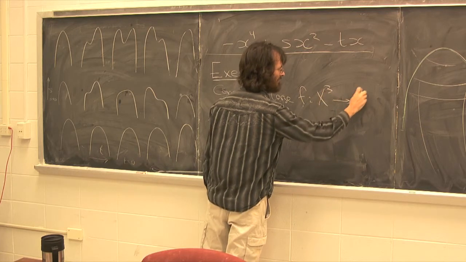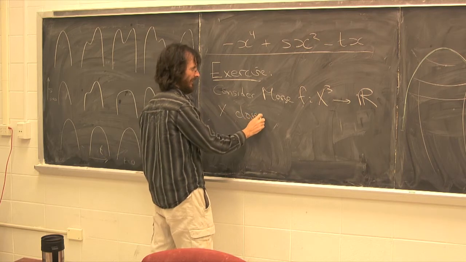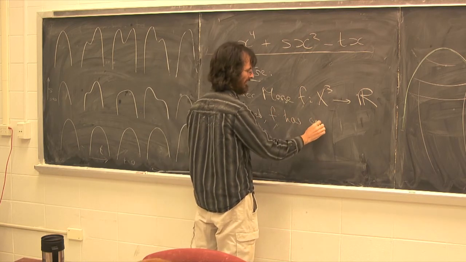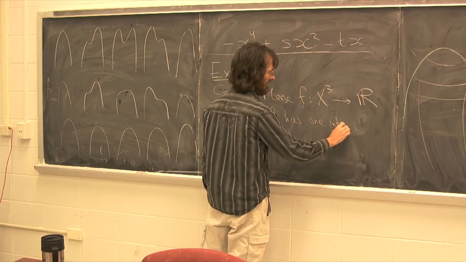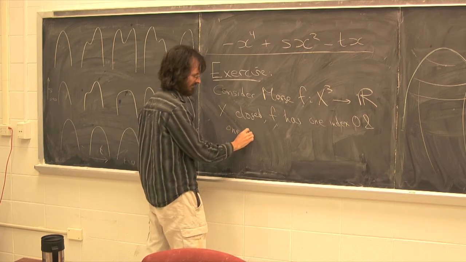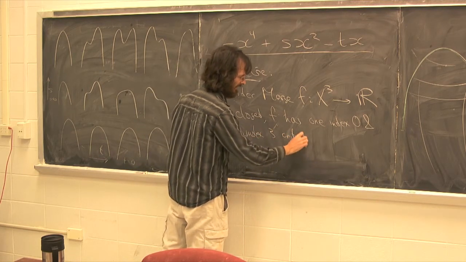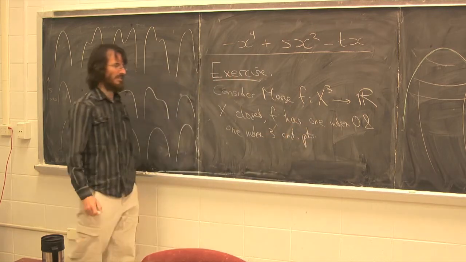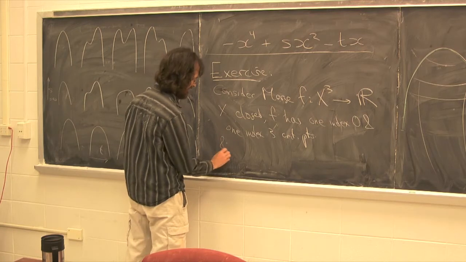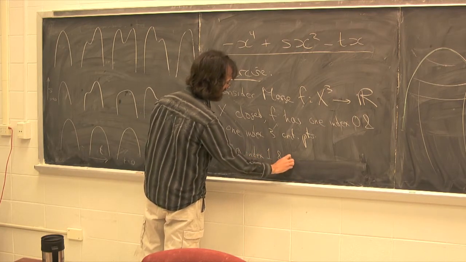So closed, so I'm going to map to R. X is closed, and f has 1 index 0 and 1 index 3 points. And then by what we've seen before, we know it has the same number of index 1 and 2 points, okay? And say g index 1 critical points.